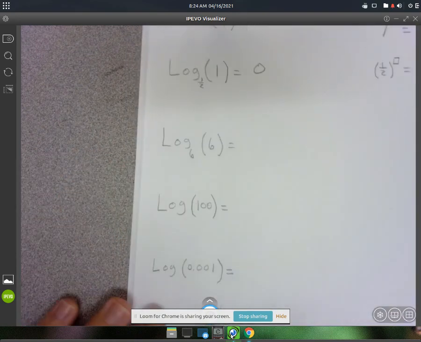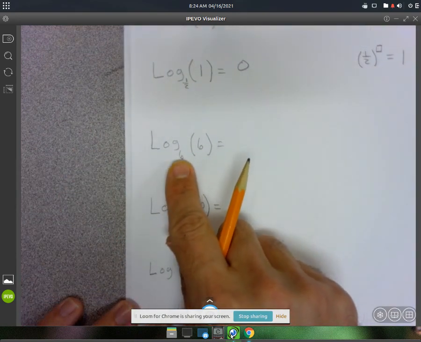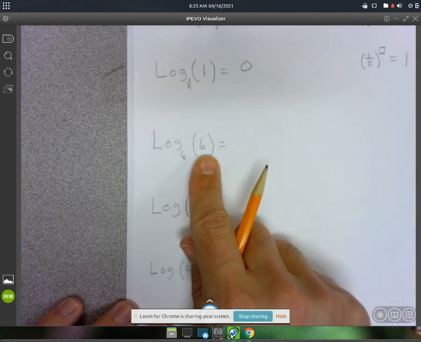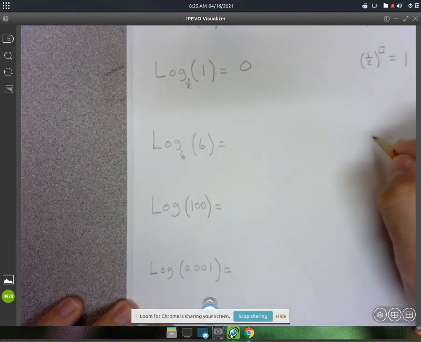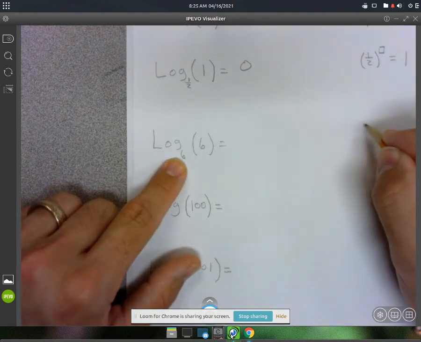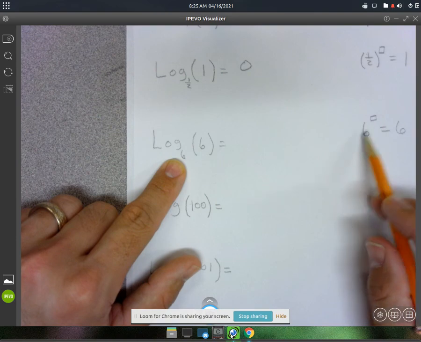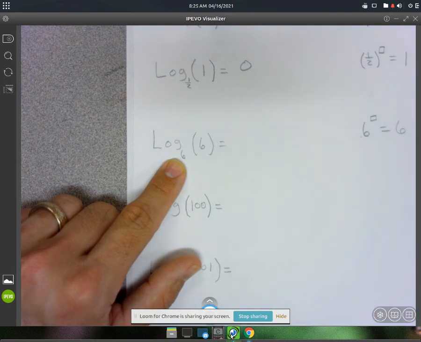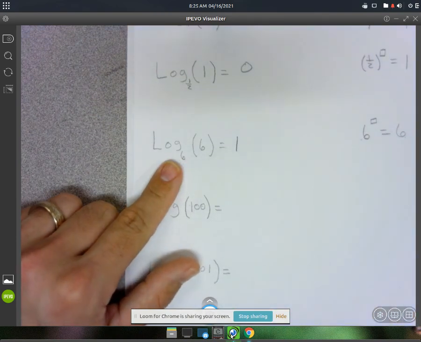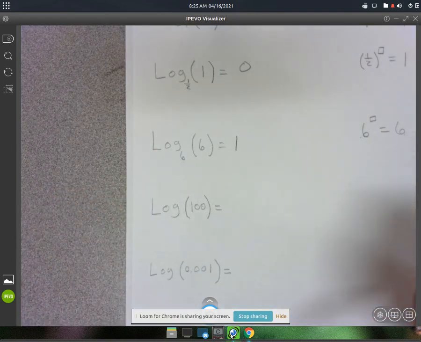All right. Here we have a log where the base and the answer are the same. The way I would rewrite this is, 6 is my base, and I'm looking for the exponent, and I want the answer to be 6. So 6 to what power will equal 6? That's a 1. How many times do you have to multiply 6 by itself? How many 6s do you need in order to get 6?